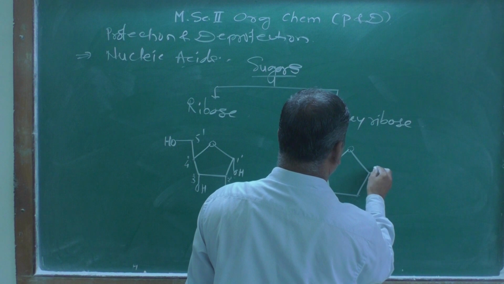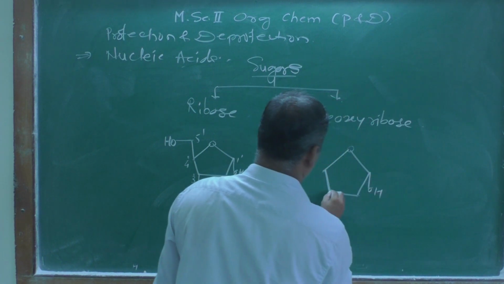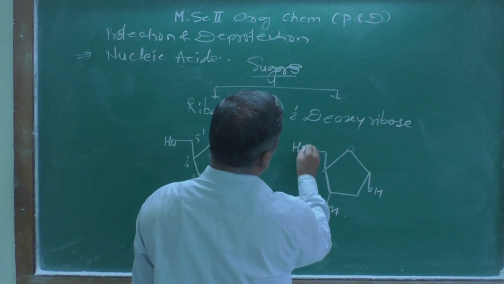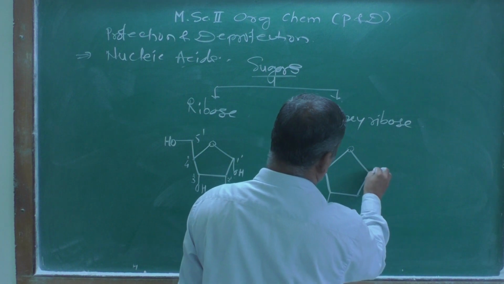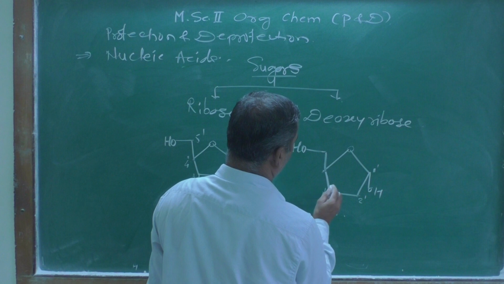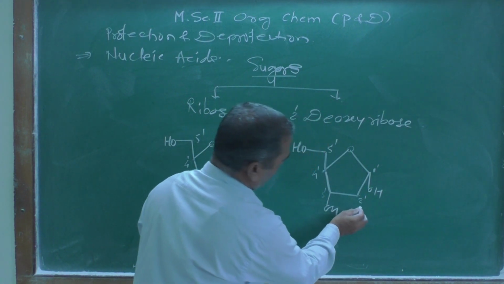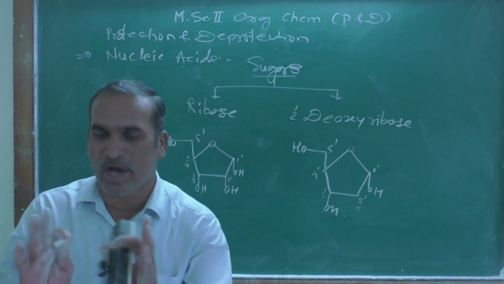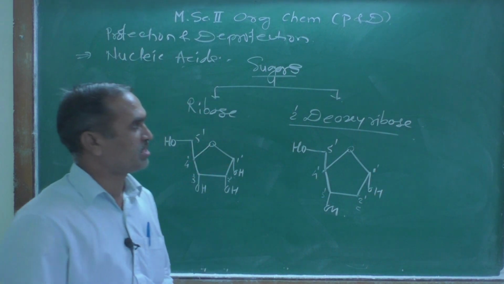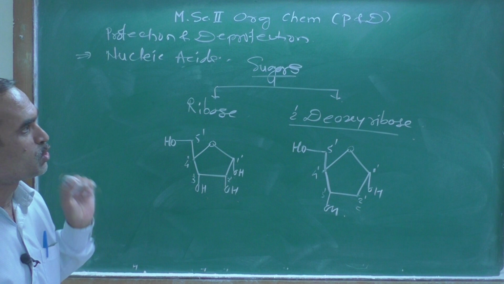Here is OH, and here OH, this is HO. Then look here, 1', 2', 3', 4', and 5'. Look at the second position, there is no hydroxyl group, and therefore it is known as deoxyribonucleic acid.